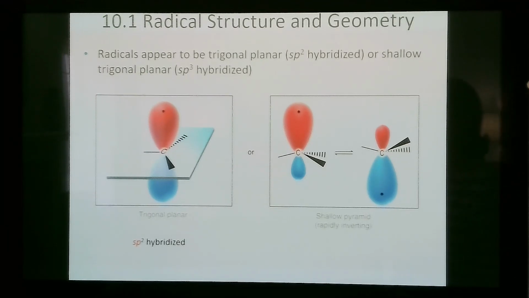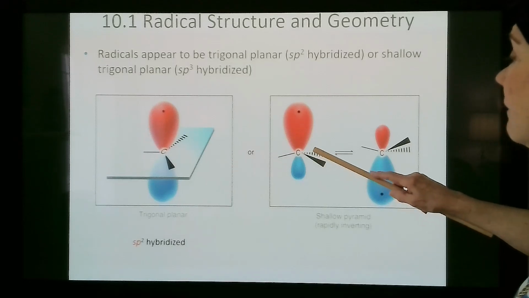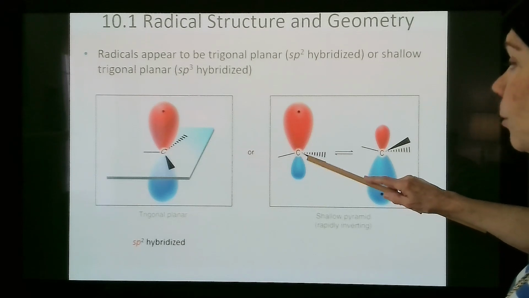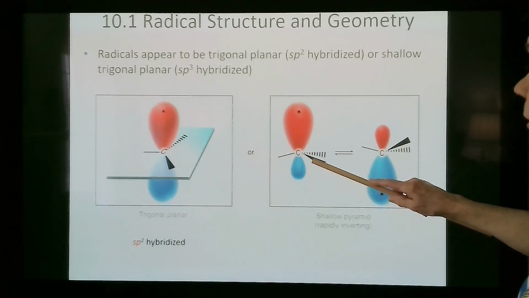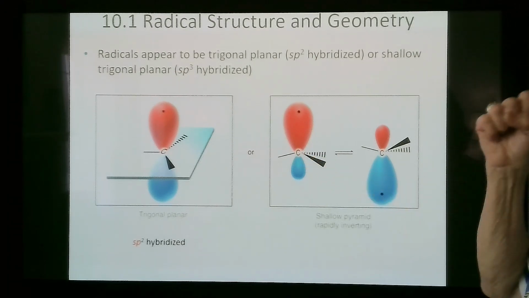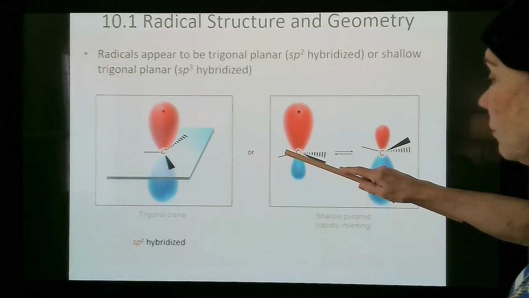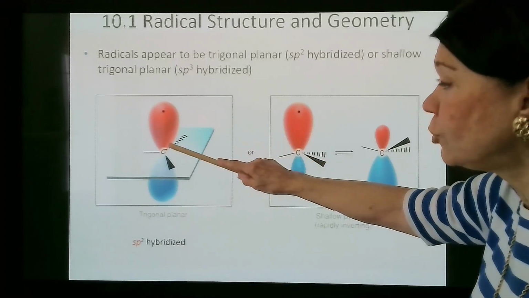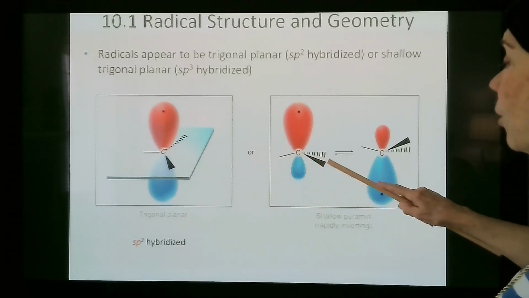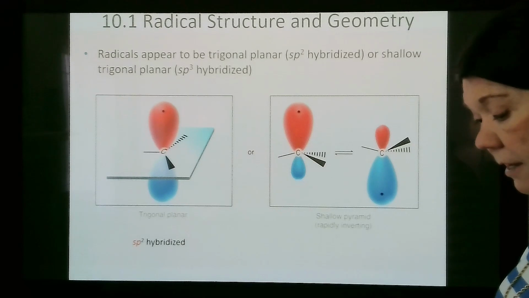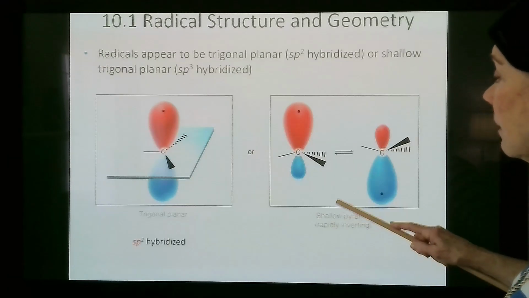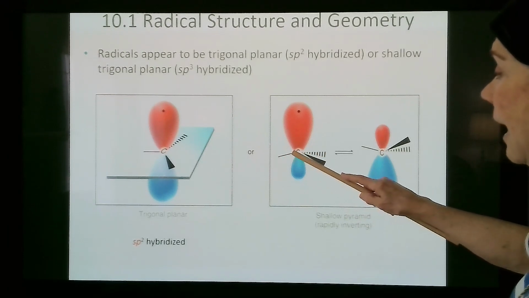But sometimes some of the radicals can actually have a very shallow trigonal pyramidal structure. So this would be like a pyramid here, but close to planar, not as pyramidal as the anion that you saw just a minute ago. See, this is much more of a pyramid, and here this is closer to a plane.